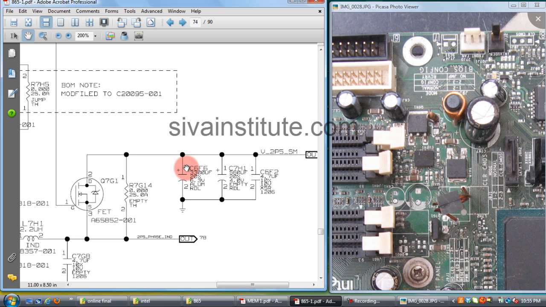See here, F G H J across the top and 6 7 8 9 10 11 along the side. So for Q7H1, 7H: this is 7, this is H. So the component at 7H is the component location finder.